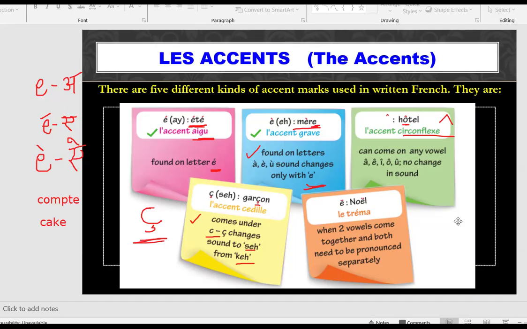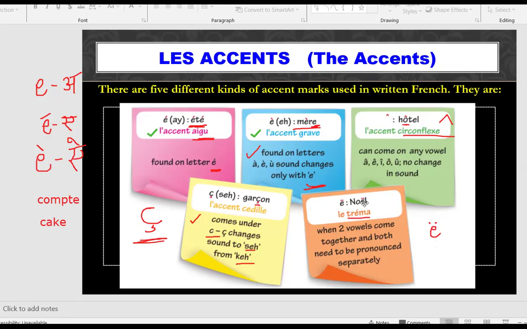Then we have accent trema. This is like two dots on E. It is used when two vowels come together and both need to be pronounced separately. Now, there are very few words which have this accent called trema.